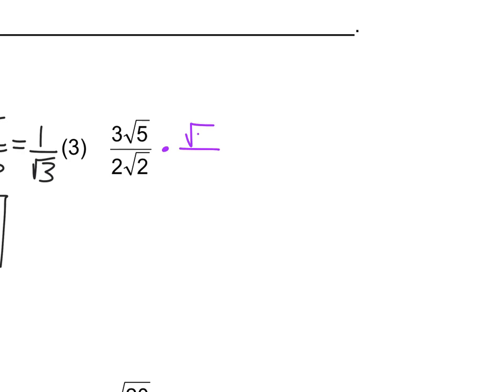Rad 2. All right, so you're only multiplying top and bottom by the troublemaker, the thing that you don't want to have. Because the 2 on the outside is fine. The rad 2 is the problem. So rationalize that. Very good.